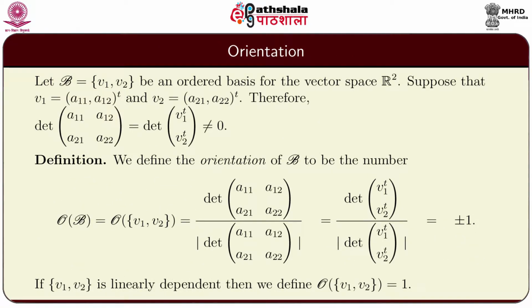Let us now define what is called an orientation of a basis. So, let B denote this set containing V1, V2, which is an ordered basis. Suppose that V1 is the row (A11, A12) transpose, that means V1 is actually in the column form, and V2 is (A21, A22) transpose.